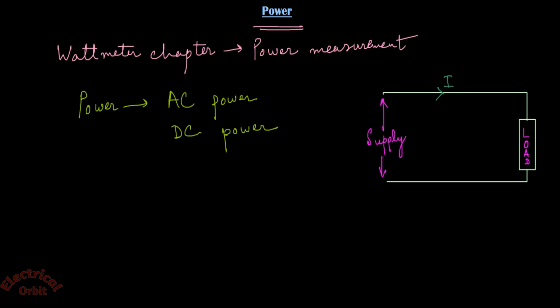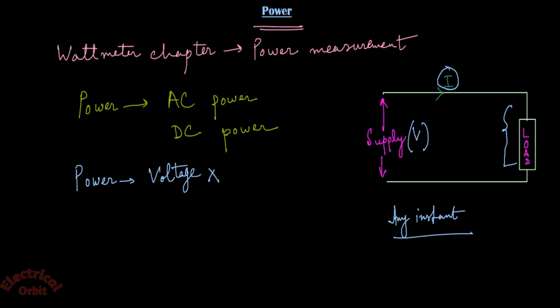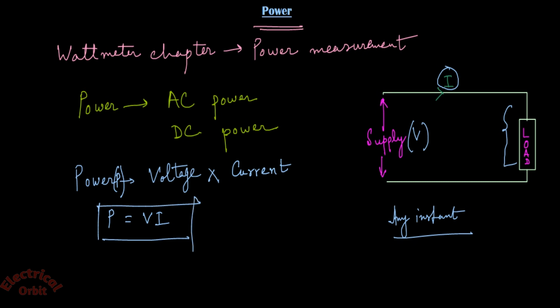Here the supply is given to a load, and when the supply is connected with the load, a current I is flowing through the circuit. Let us assume the supply voltage is V. So at any instant, the power consumed by this load is P equal to V into I. Multiplication of voltage and current generally gives us the value of power, but this is not so easy.